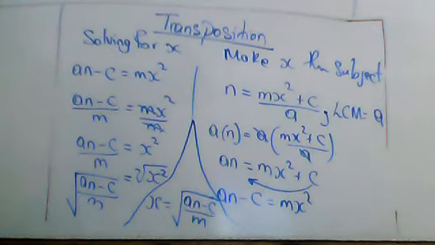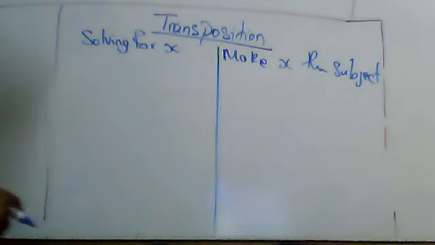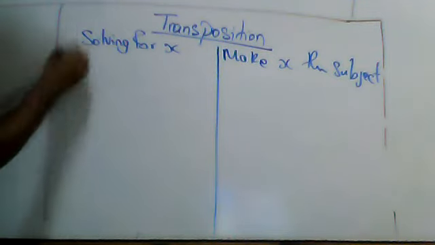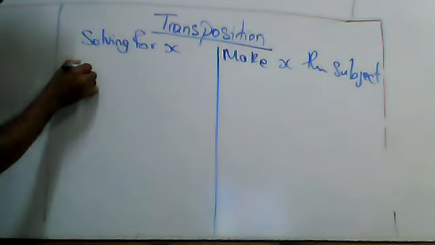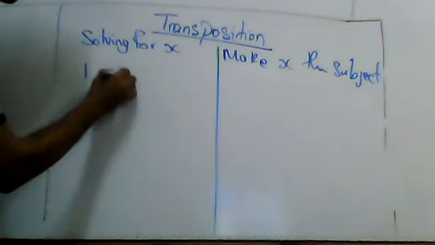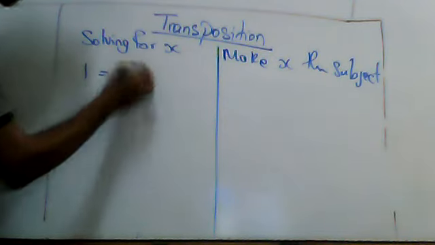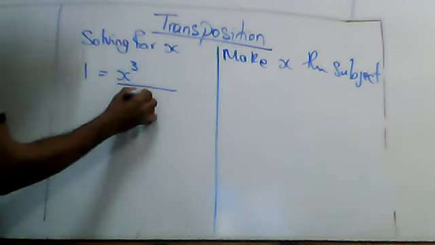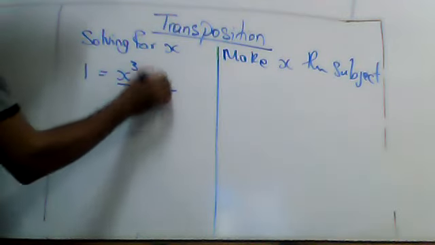Alright, somebody requested one with cube. So let's say we had a question 1 being equal to, let's say, x cube over 3, plus 1 here.